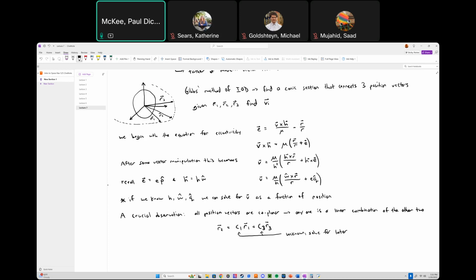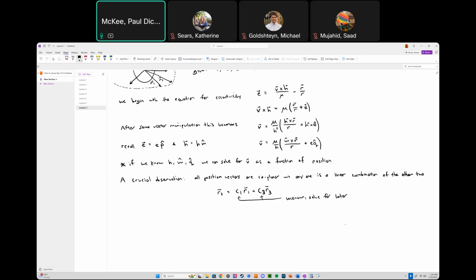Now, what we can also do is say R2 dotted with E, the eccentricity vector, is C1 R1 dot E plus C3 R3 dot E.